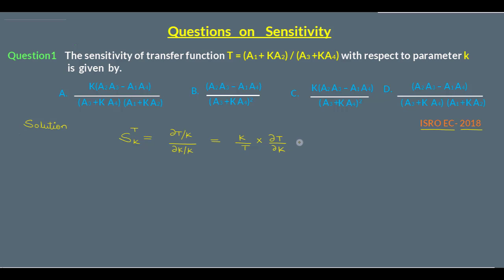Now we have already discussed the formula of sensitivity in the previous lecture. Those who have not seen the previous lecture, the link to the lecture is in the I button. So my main aim now is to find the value of ∂T by ∂K.